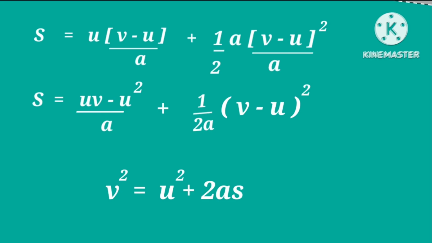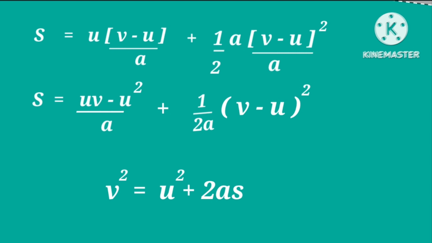Therefore, the equation will be s is equal to u into v minus u divided by a, plus half a into v minus u divided by a, whole square. Let's solve this equation. s will be uv minus u square divided by a, plus half a into v square plus u square minus 2uv.